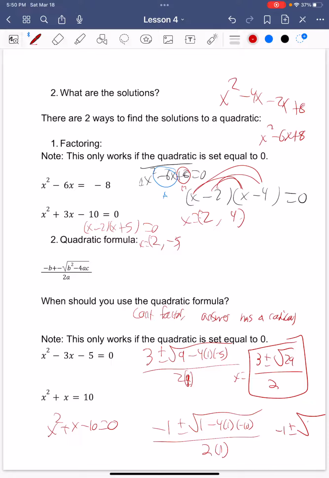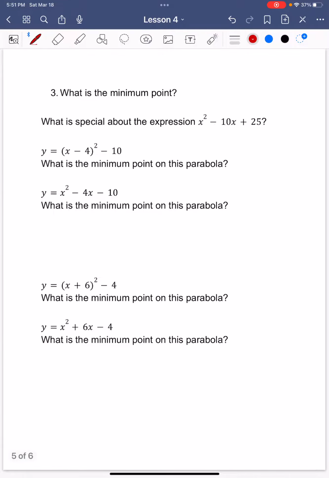So we have 1 plus 40 is 41 over 2. Now there's two solutions here. That's negative 1 plus the square root of 41 over 2, and negative 1 minus the square root of 41 over 2. They could also ask, what is the minimum point?